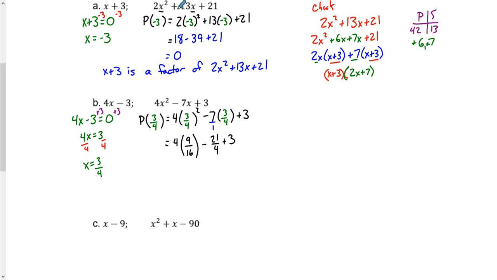Now I'm going to save a little bit of room. I'm going to multiply this one by a funky form of 1 so that it all works out. I'm going to also reduce this so that we get a 9/4 subtracting a 21/4, adding a 12/4.